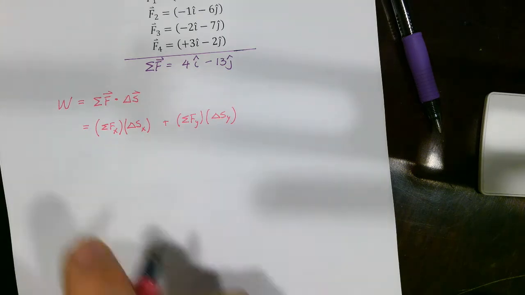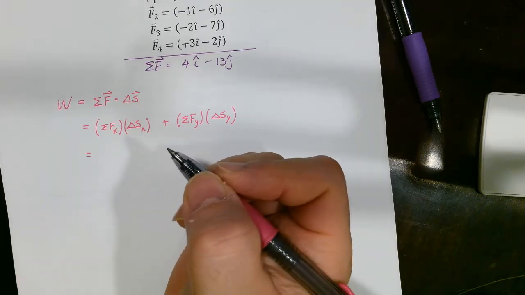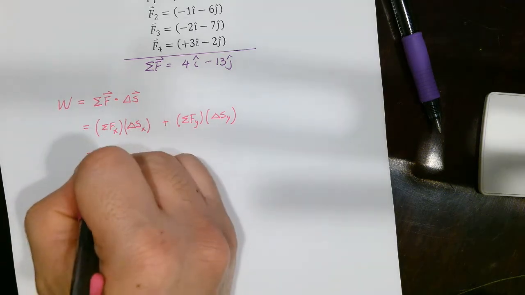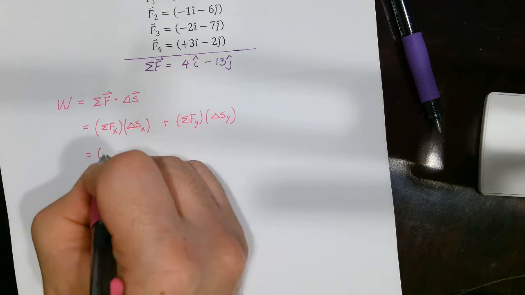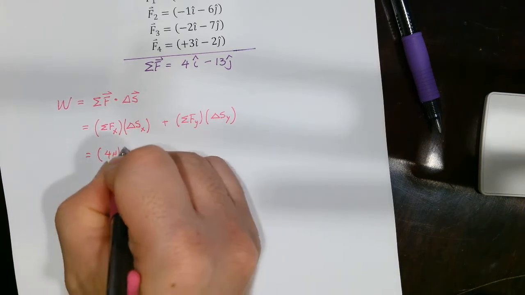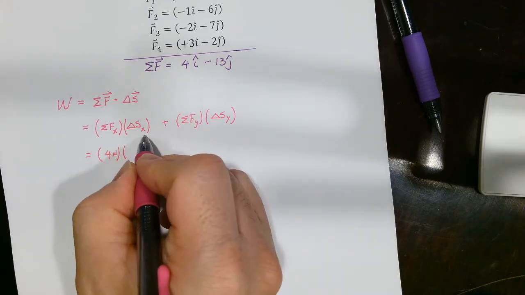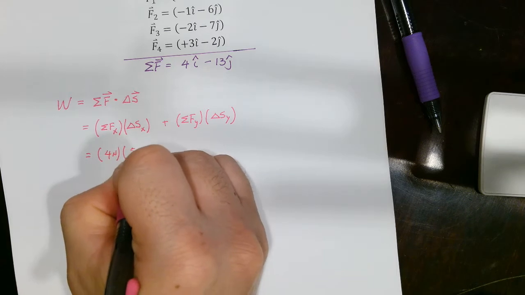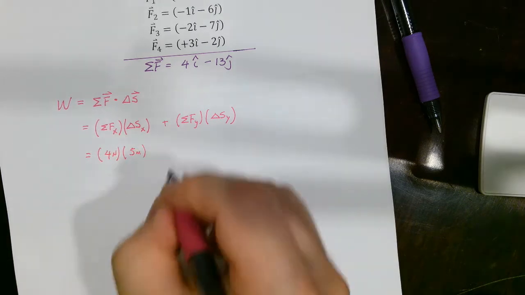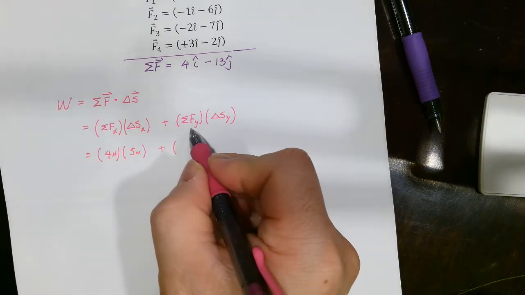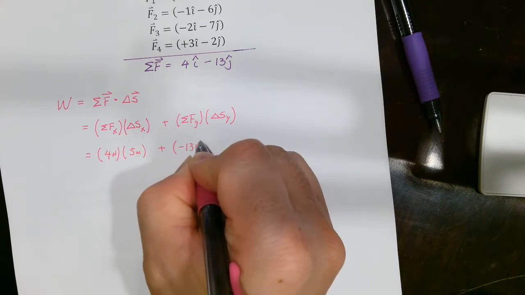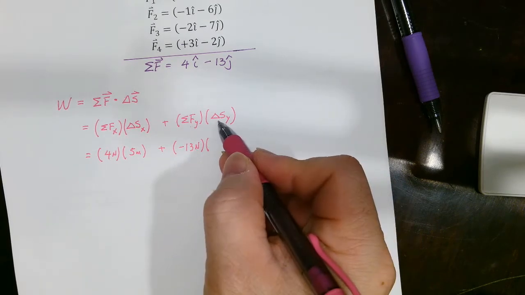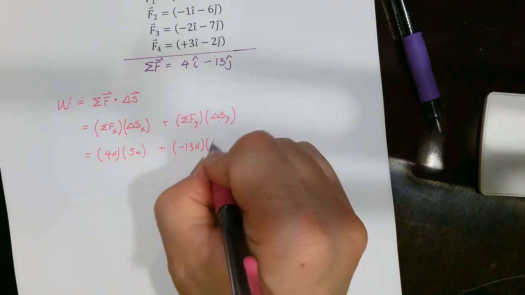If not, make sure you take a look at chapter 3 again. So here, Fx is 4 times delta Sx, which is 5, plus net force Y, negative 13, times delta Sy, 6.